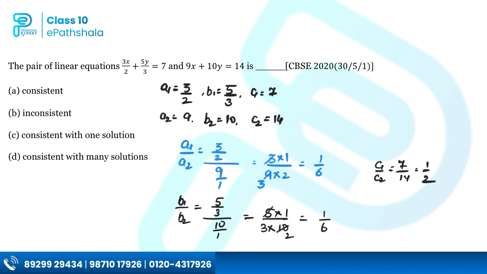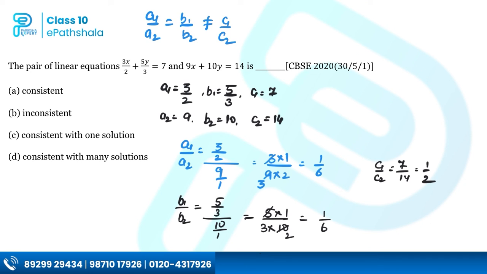Now examining all the conditions. We have a1 upon a2 is equal to b1 upon b2, which is actually coming out to be 1 by 6, which is also not equal to c1 upon c2. Now, this condition is definitely not for the unique solution. Second thing, this is also not for the coincident case.